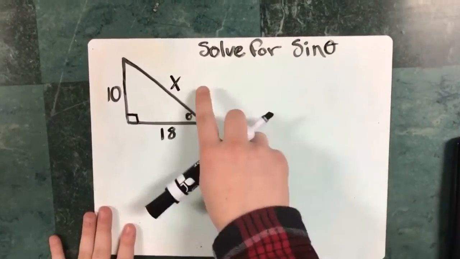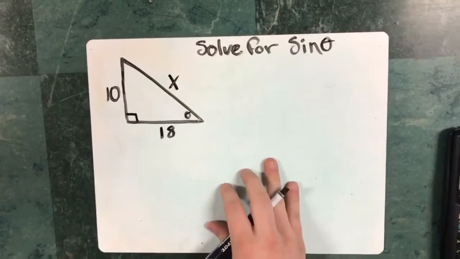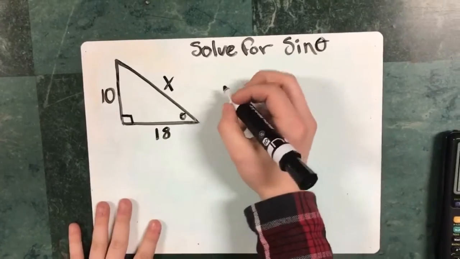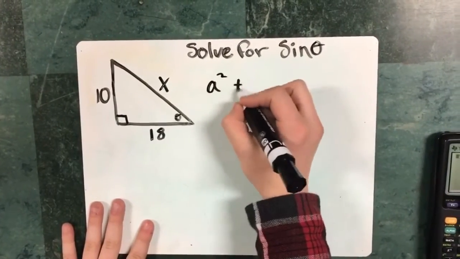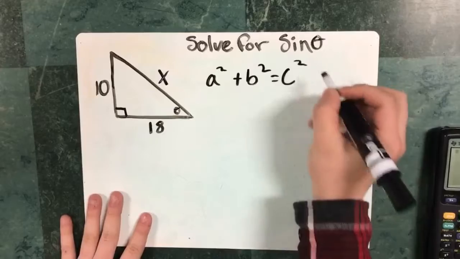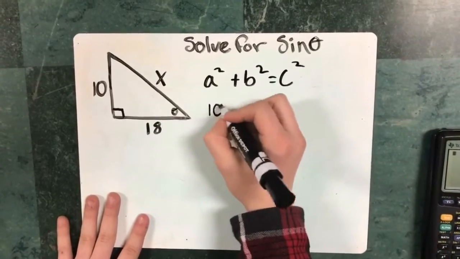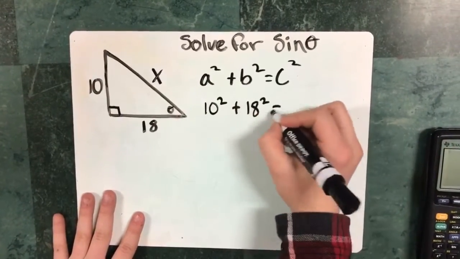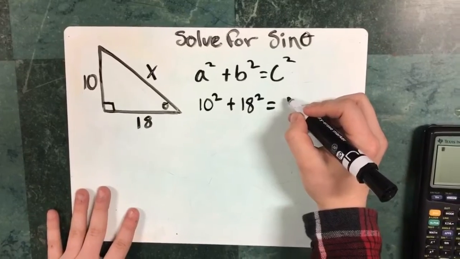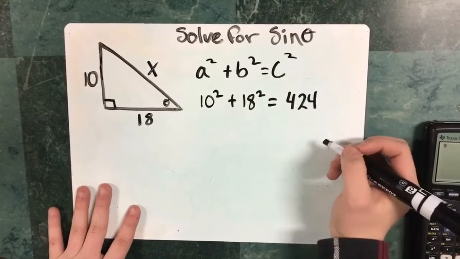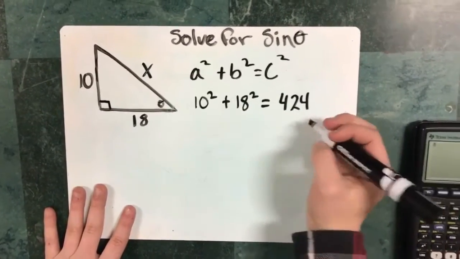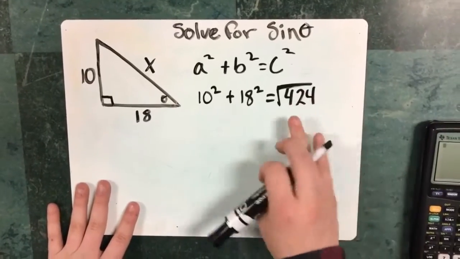Please? So we are going to be solving for sine on angle beta, and what we have to do is use the Pythagorean theorem, and that is a squared plus b squared equals c squared. So we already have a and b, so that's 10 squared plus 18 squared equals 424. So what we're going to have to do to reduce this is we have to get its square root.